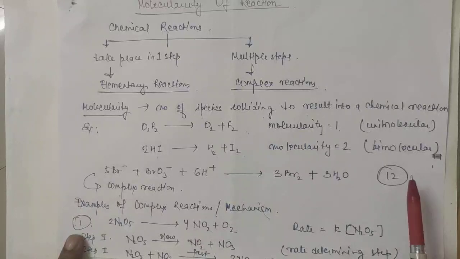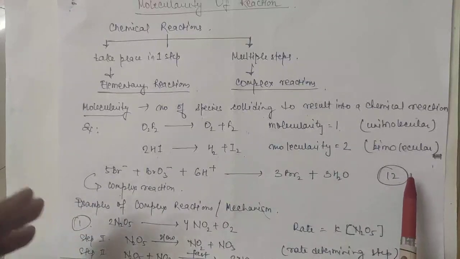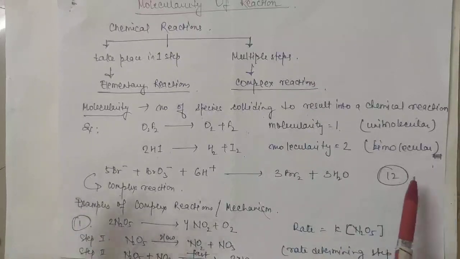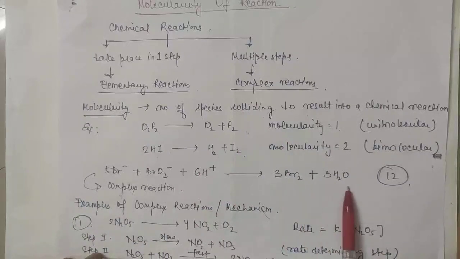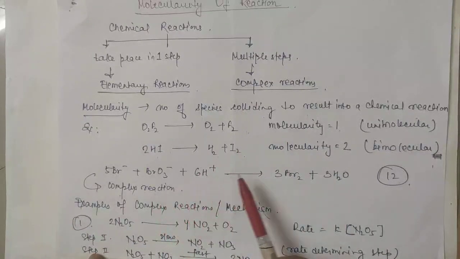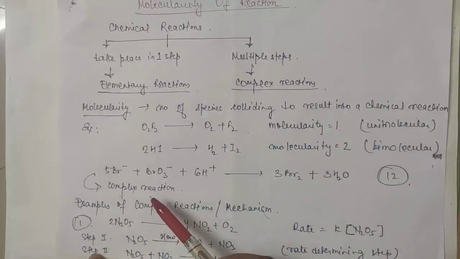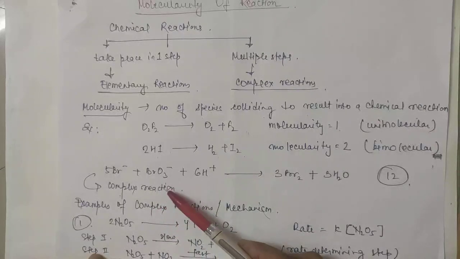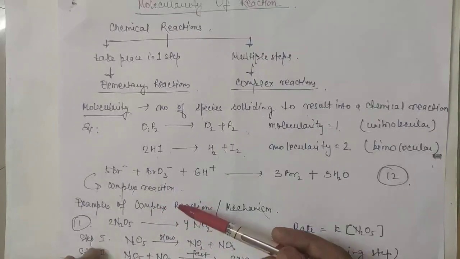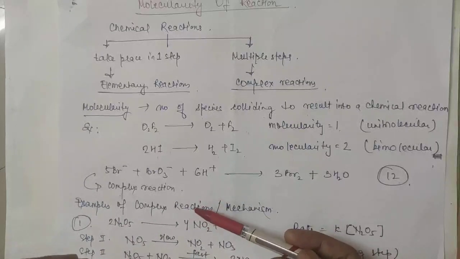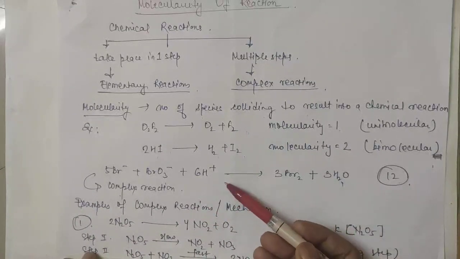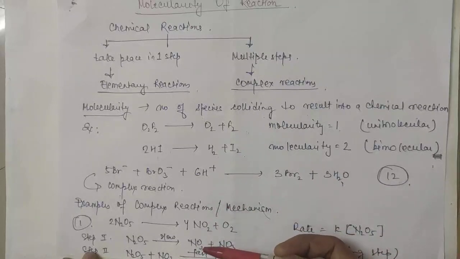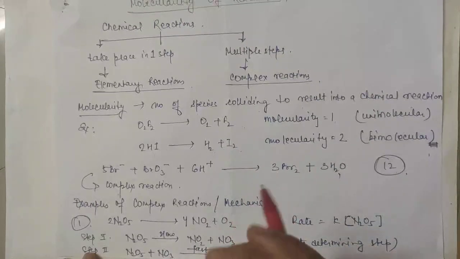It is very difficult for 12 ions to come together simultaneously and collide to form these products. So this type of reaction is known as a complex reaction, and it must follow a number of steps to form this product, and writing the steps in a sequence is called the mechanism of the reaction.